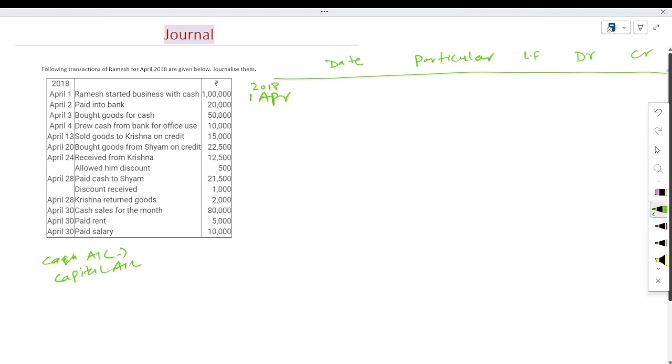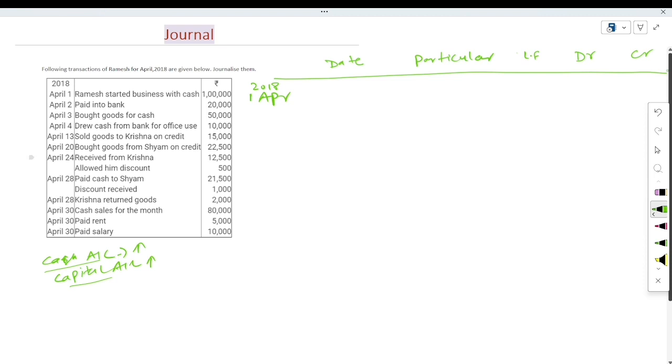Whenever you invest cash for your business, it means your capital will be increased and your cash balance for the business will also be increased. Here cash is an asset and capital is a capital account.